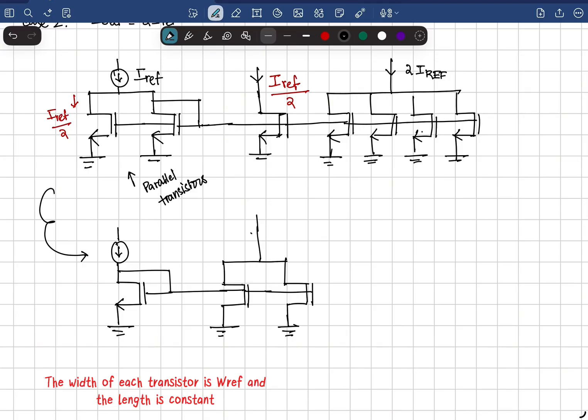Now let's see what the current here is after I connect.